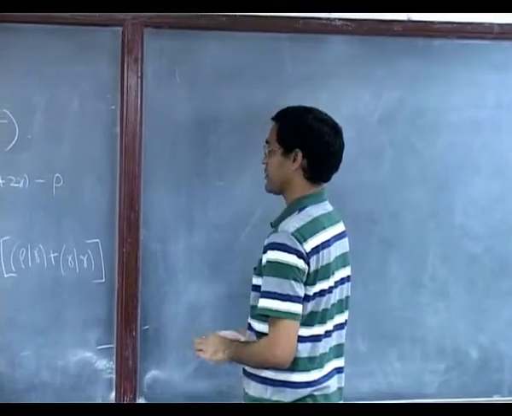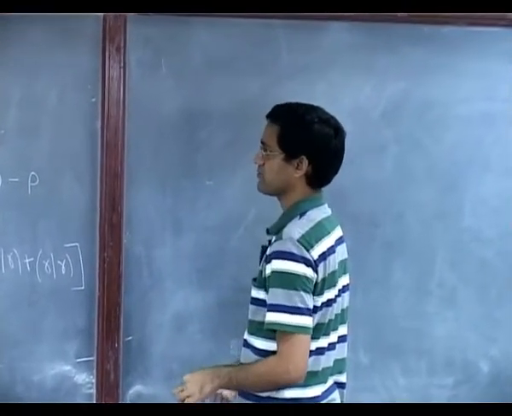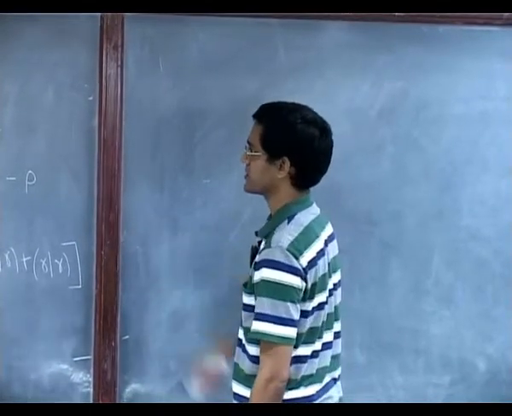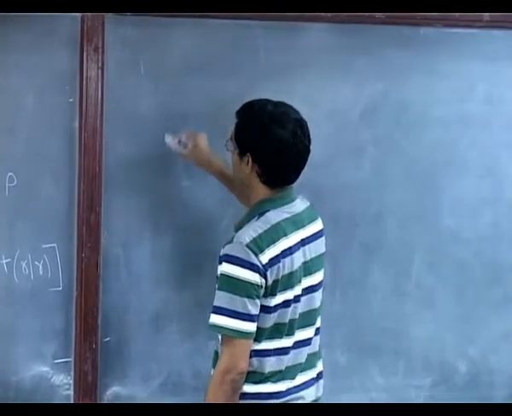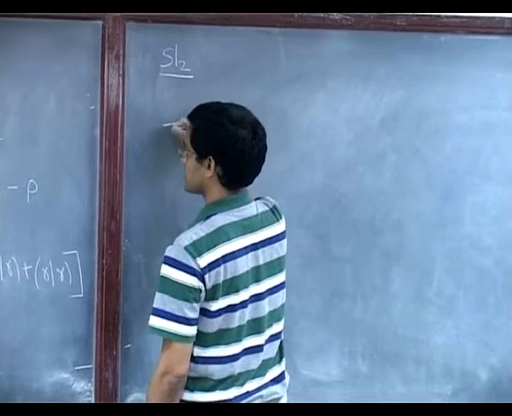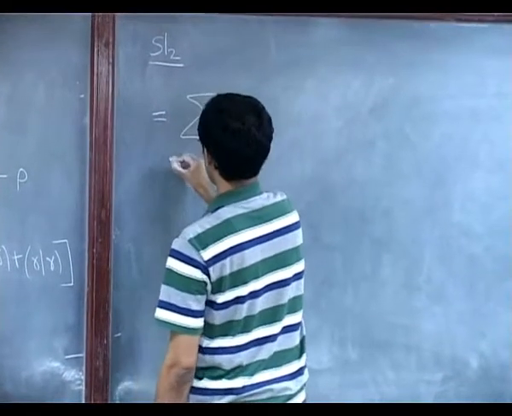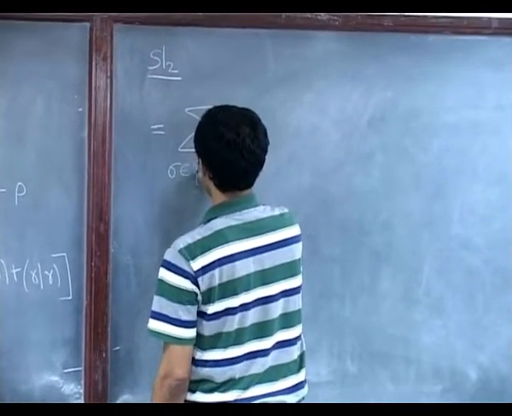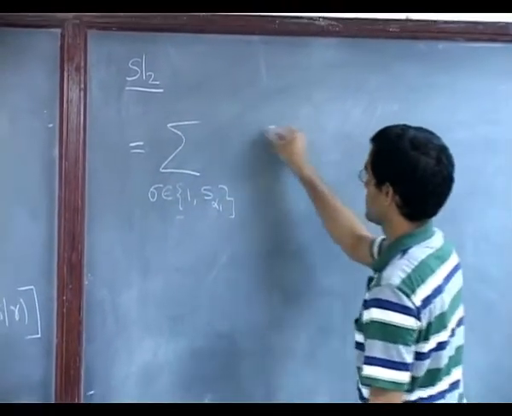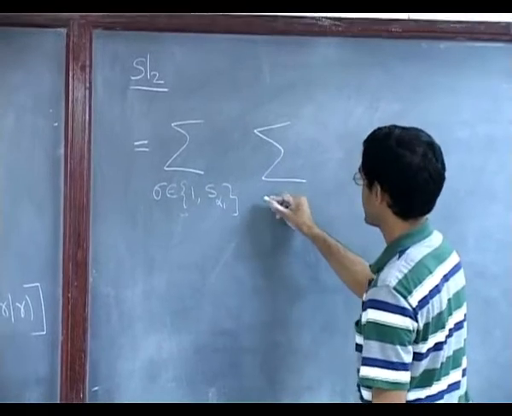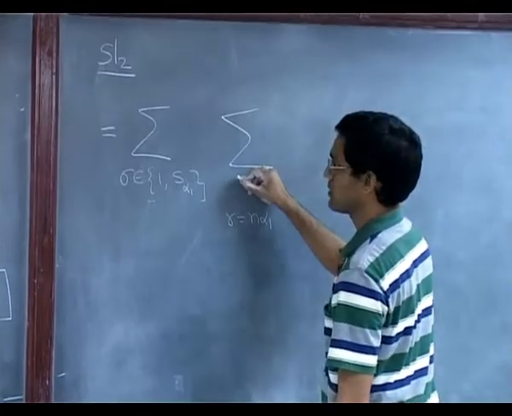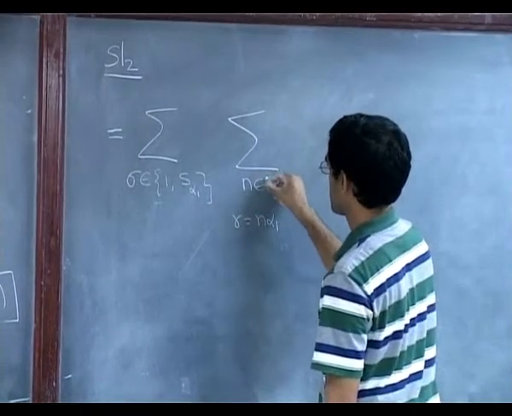And beyond this point, we just have to unravel it for the case of SL2. We have got to figure out what all these things become in this particular situation. So recall we are doing SL2 here. Therefore, the sum becomes a sum where sigma is either the identity or the reflection about alpha 1. The sum over M becomes, you think of gamma as n times alpha 1. This is now the sum over all n.